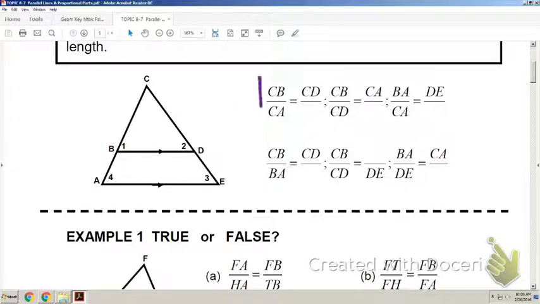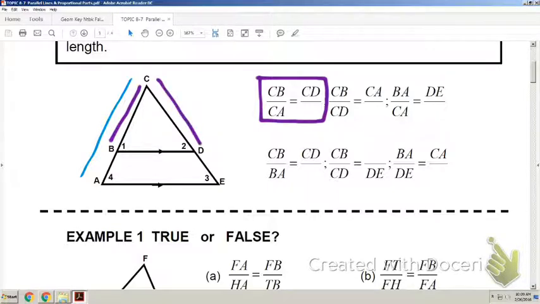So I'm looking at this first proportion here. If we have CB first over CA, which is the whole length, you could set it up on the other side, CD over the whole length on the other side, so CE. That's one way to set up a proportion when you have these parallel lines.